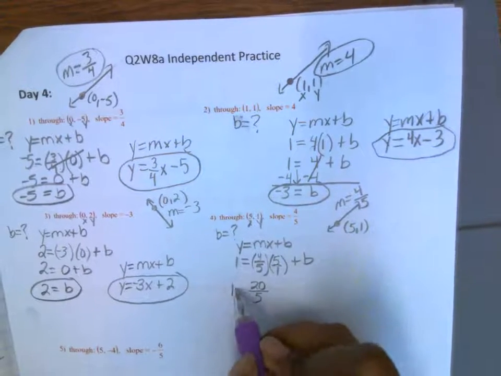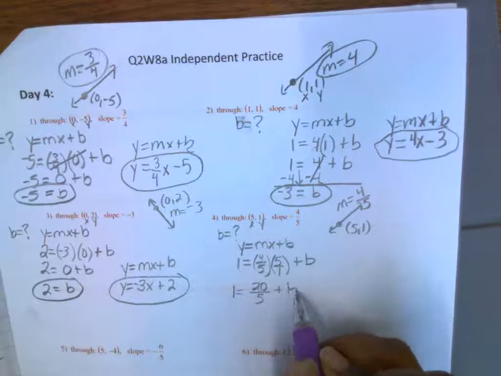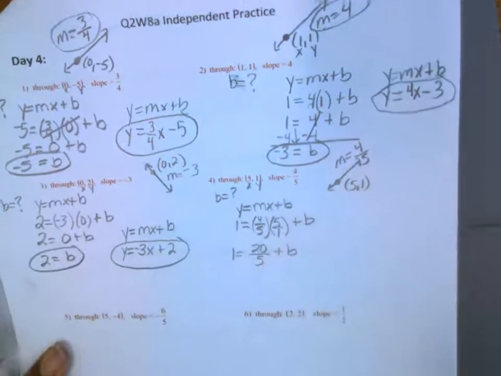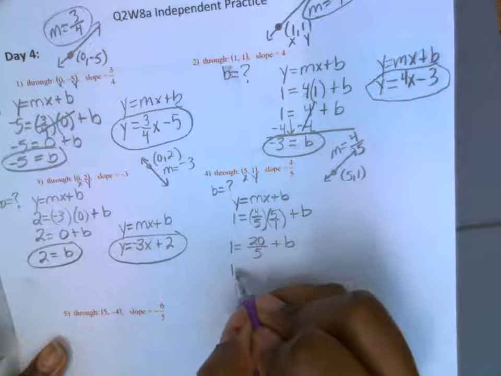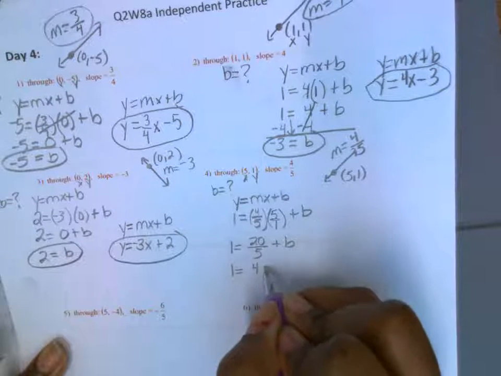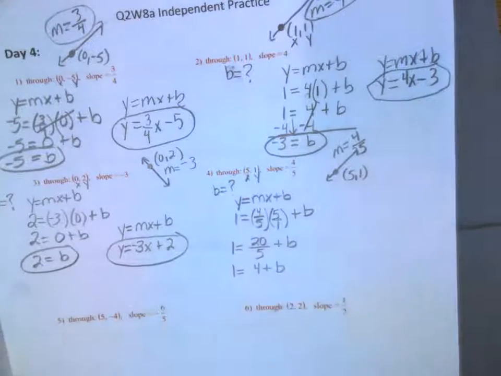Bring everything else down. Any questions about that? Okay, so now 20 divided by 5 is 4. So I get 1 is equal to 4 plus b.